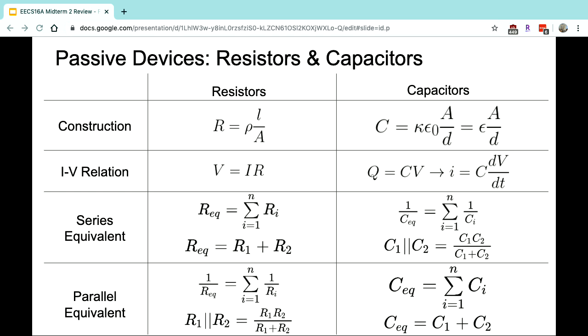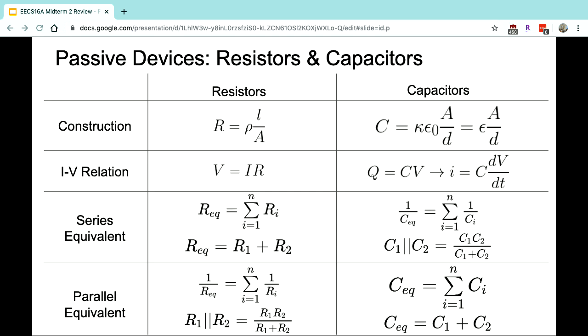And A is the cross-sectional area. For a capacitor, this is epsilon A over D, where epsilon is the permittivity of the space in between the two parallel plates. A is the surface area of one of the plates, and D is the distance between the two plates. Okay? The IV relationship for resistors is the all-important Ohm's law, V equals IR.